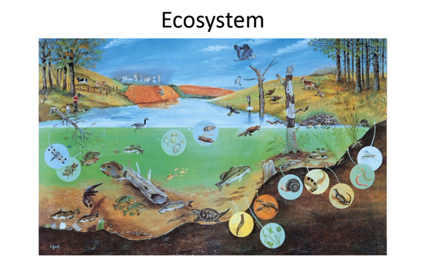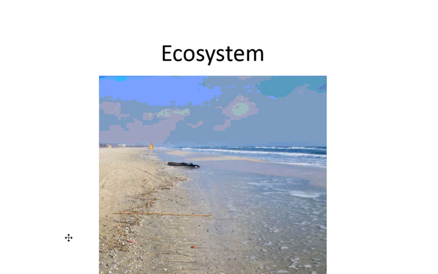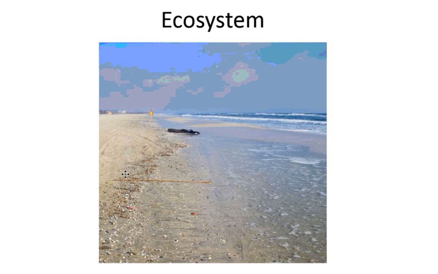It is the dead trees and the water temperature and the currents in the water and the air and the dead things that are decaying on the bottom and the pollution down here at the bottom. All these things are part of the ecosystem. It's the living and the non-living, or the biotic, which is living, and abiotic factors in an area. Here's an aquatic ecosystem, the beach.